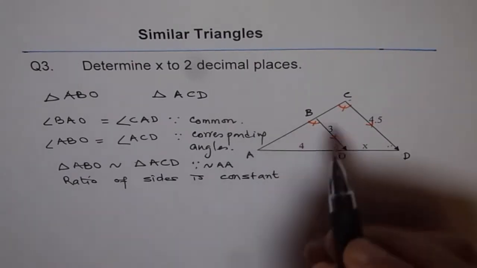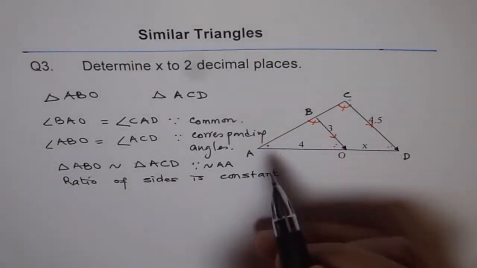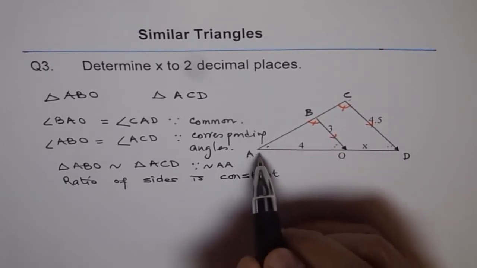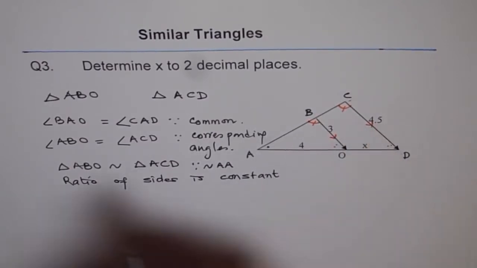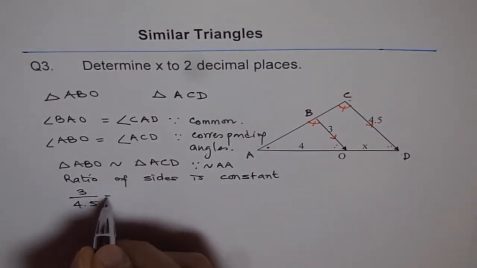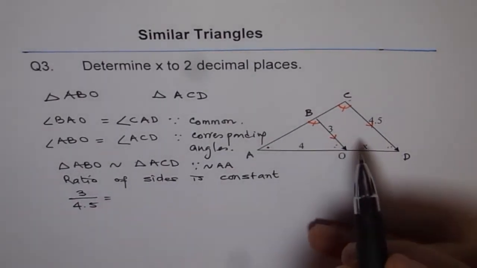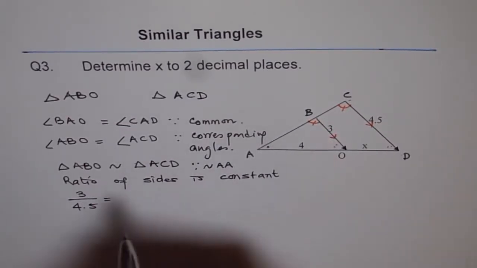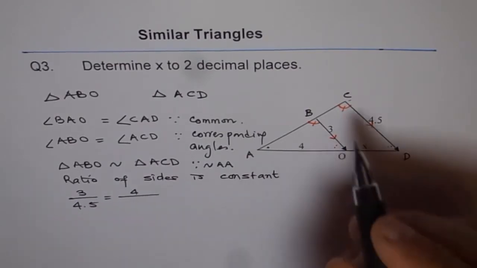Now let's consider the side opposite to angle A. The side opposite to angle A in the small one is 3 and in the big one is 4.5. So we can write this as 3 over 4.5 is equal to, now the side opposite to these two equal angles. In the small one it is 4 and in the big one is how much?